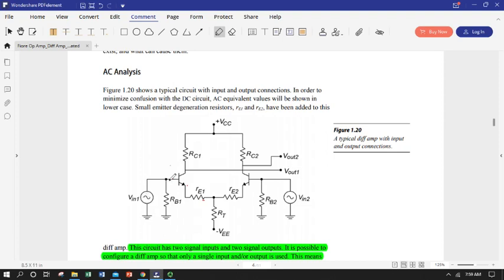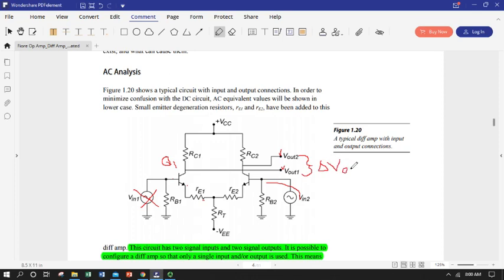Here we can put a signal into the base of transistor 1 and get a signal out of transistor 1 or transistor 2, or we can subtract the two and take the difference. We can take that signal away and put a signal in the other transistor and then get an output at either V out 2 or V out 1 or the difference.